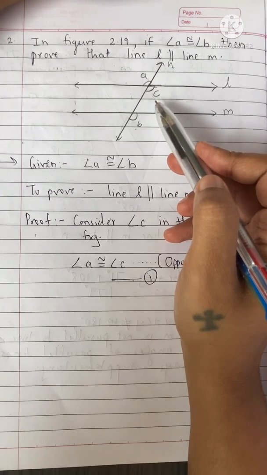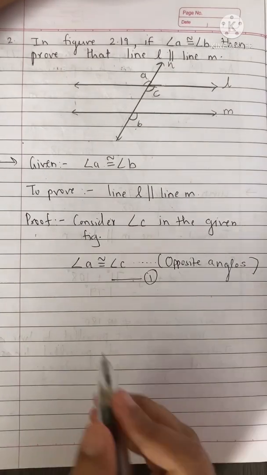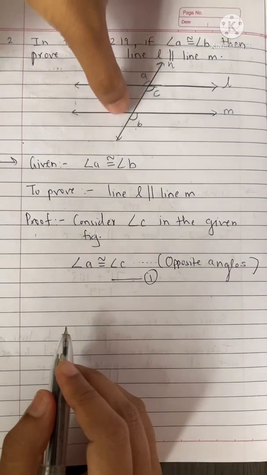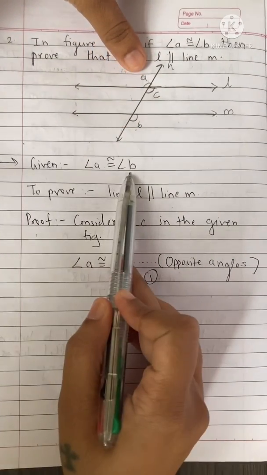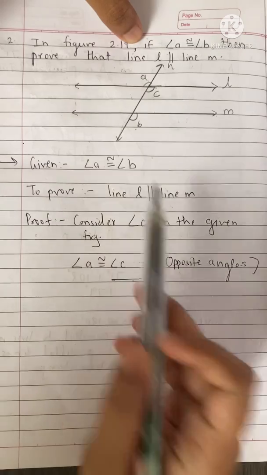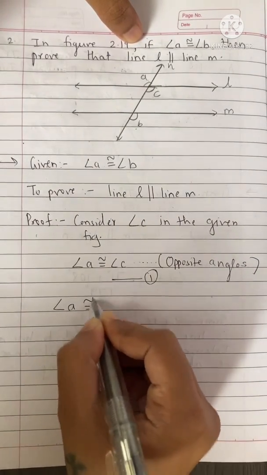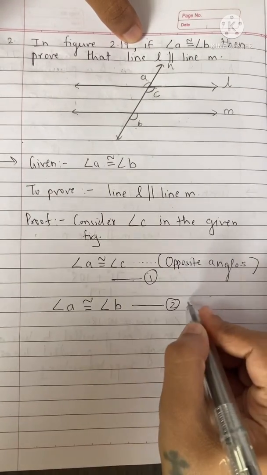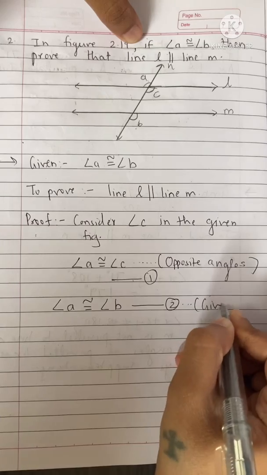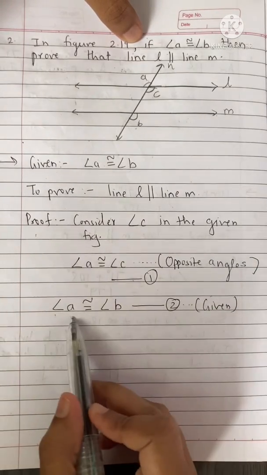So letter F is formed by corresponding angles. So angle B and angle C form corresponding angles. And we already know that angle A is congruent to angle B. How? It is already given in the question itself. So give this as equation number 2 and write the reason as given. Okay, always write the reason as given because we are not taking it on our own.